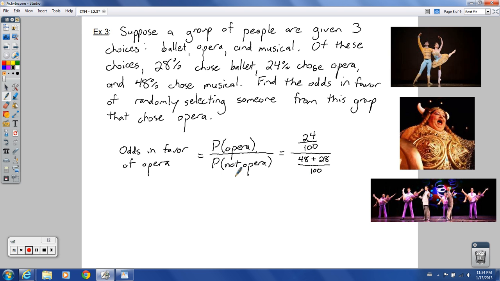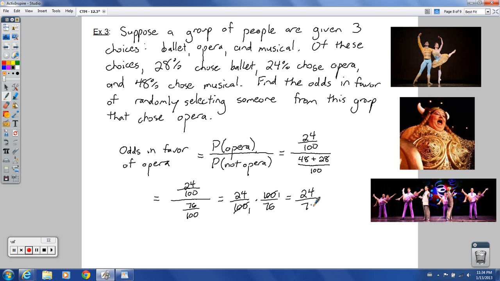Okay, so we have this, which we can simplify a little bit. Notice I'm not going to reduce the fraction right now, even though I could, because it'll make it easier in a little bit. So 76 over 100 is what that would simplify to. You can now change this to multiplication of the reciprocal, and because of that, this will go away here and here. Because I didn't reduce anything, it kept it pretty simple for right now.